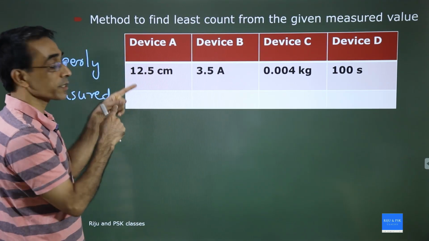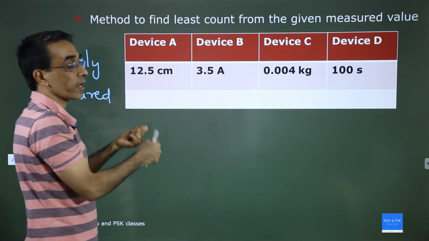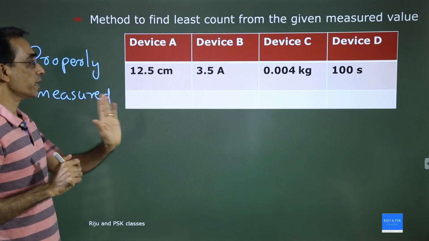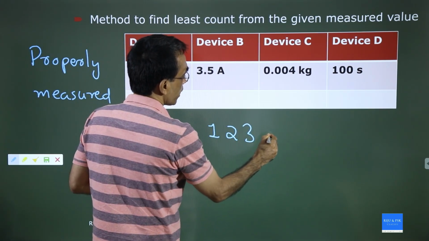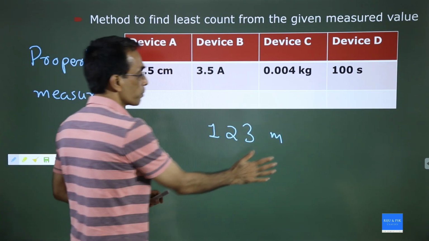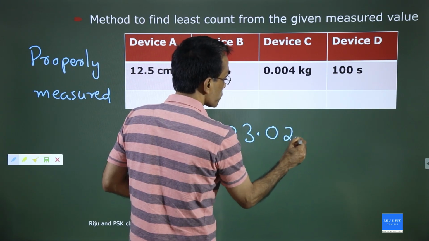Then how to find the least count? What is the least count of that device from which you got a value like this? There is a simple technique. To understand the technique, suppose I write a value like 123 meter, with a few decimal points and 02 meter.